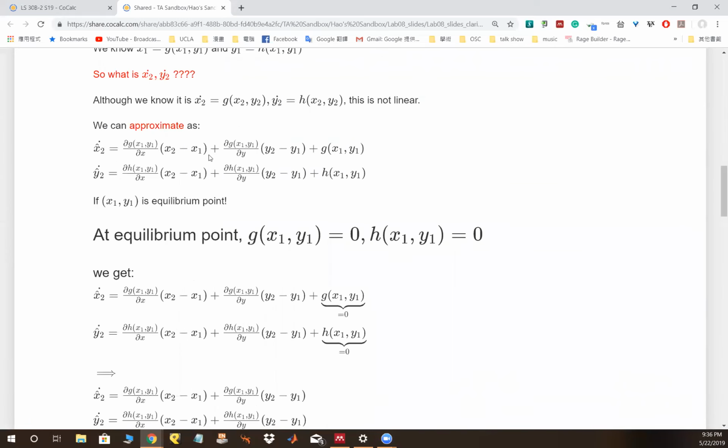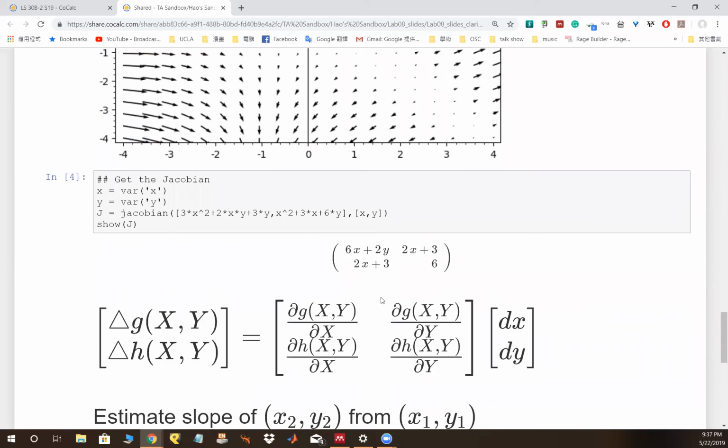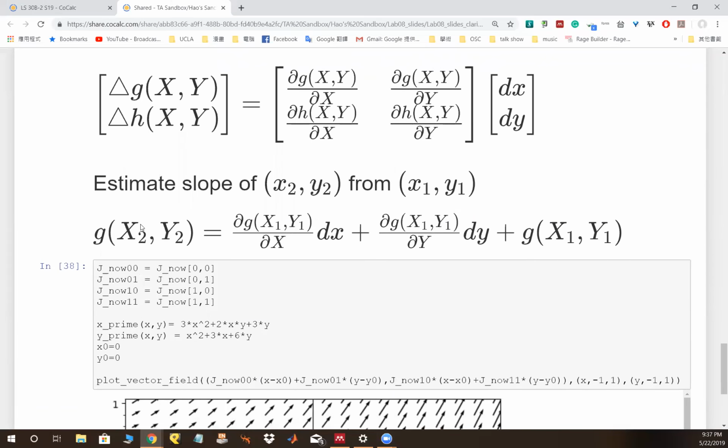Or I should look back to here. The change of that equals something multiplied by the change of x, something multiplied by the change of y, plus the original. If you do that, you can calculate the other nearby points, say the prime, based on that approximation.